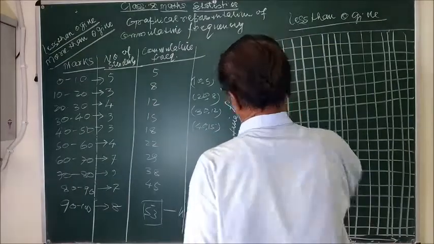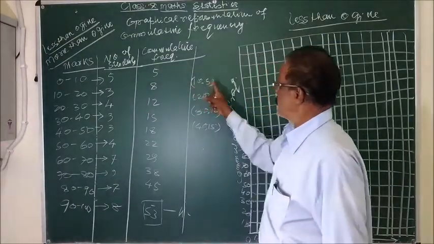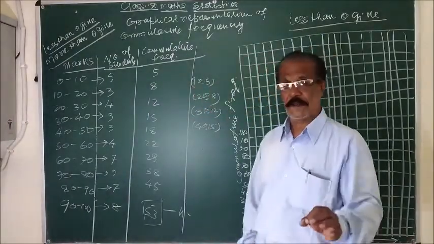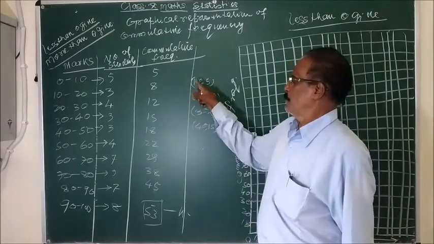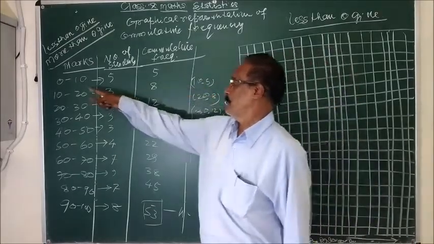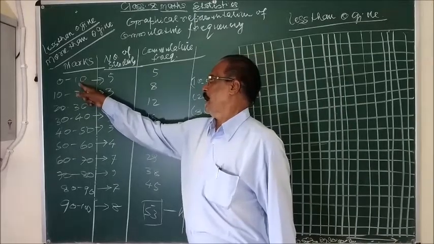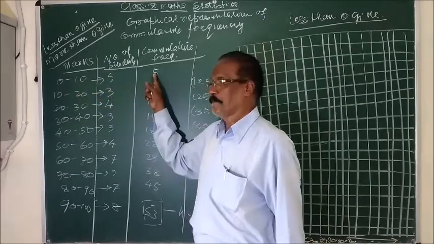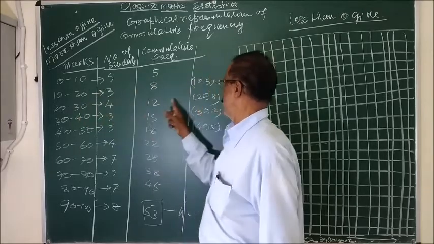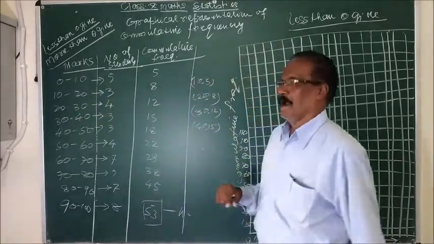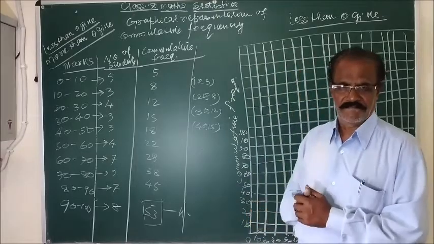Understand? Now you see, these are the points to represent on a graph paper. These are the coordinates you can see.